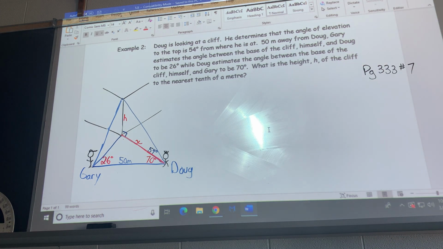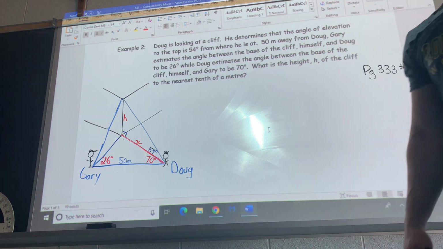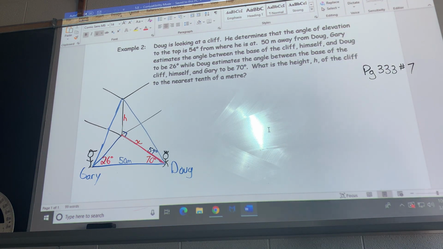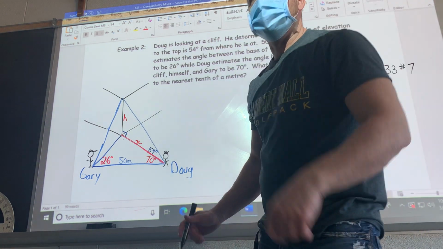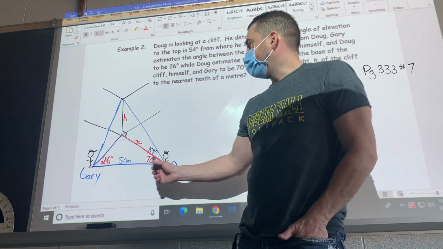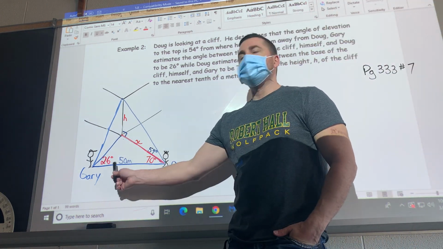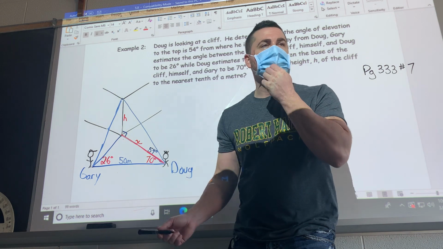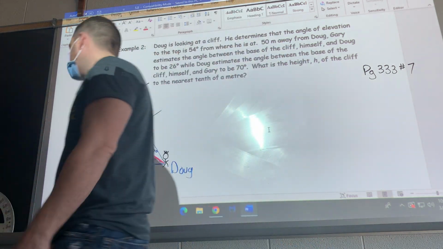Which law requires two angles and a side? Leah? Sine law, good. And I think Isabella had it too, and Adrian as well. Sine law. Two angles and a side is sine law. It doesn't matter which two angles, because we can always find the third one.